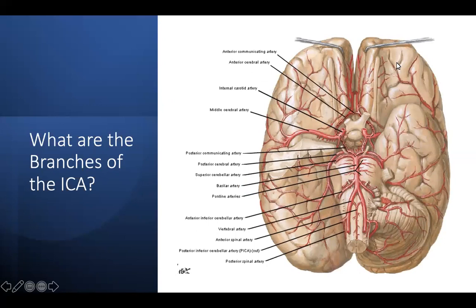Anterior cerebral. Anterior cerebral, excellent. So these are the three main branches. Hypophyseal, someone said, correct. What else? Anterior choroidal. There's one more left. Ophthalmic. Ophthalmic, excellent.